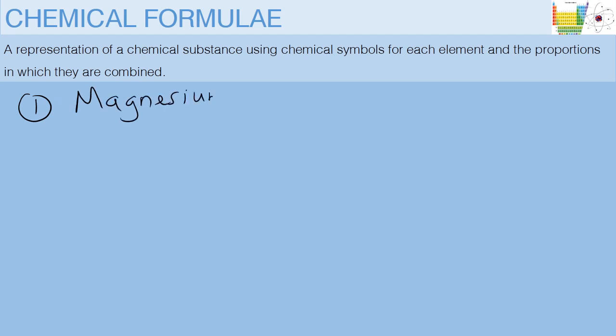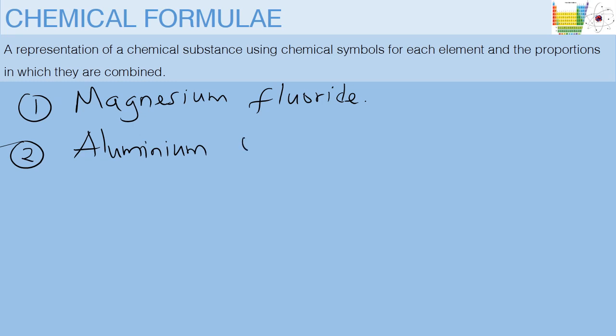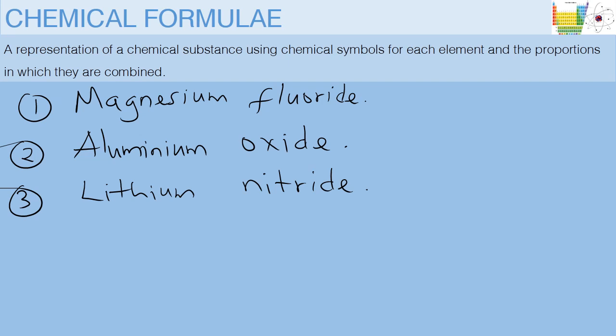Magnesium fluoride, also try out aluminium oxide, try out lithium nitride, also try out magnesium nitride.